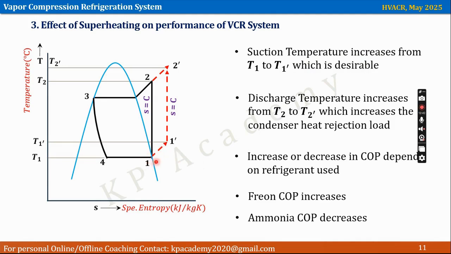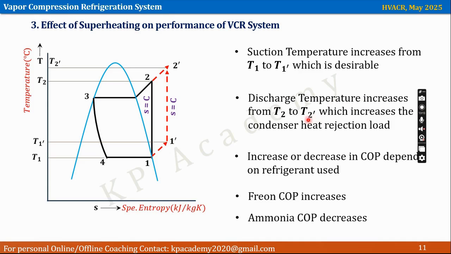Because if, for example, there are some liquid droplets of the refrigerant in the suction line and they enter the compressor, there is a possibility of damage to the compressor, right? So in order to avoid that, we superheat the refrigerant before it enters the compressor. That's why superheating the refrigerant before entry to the compressor is desirable.